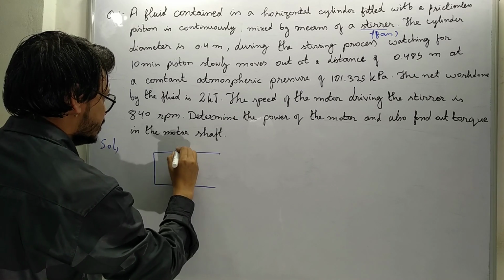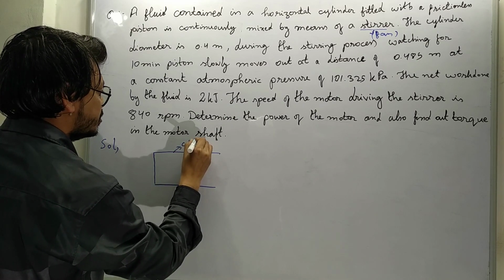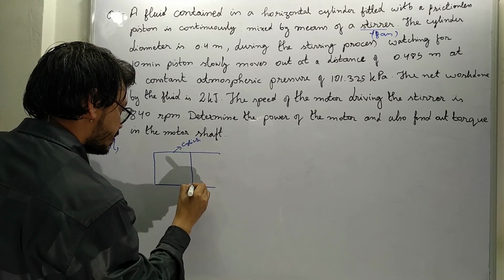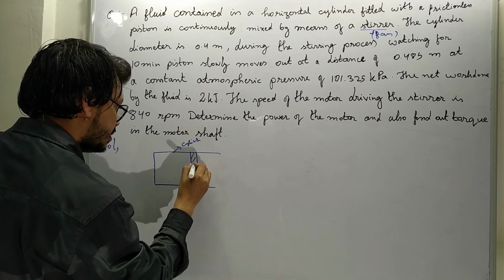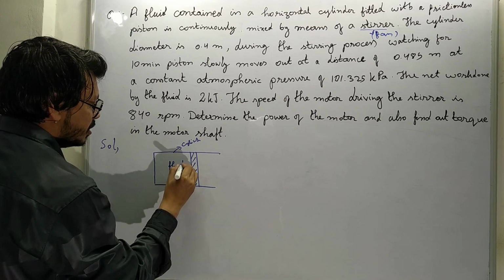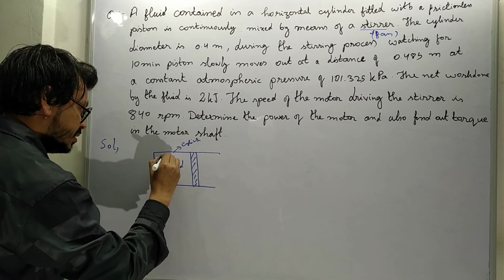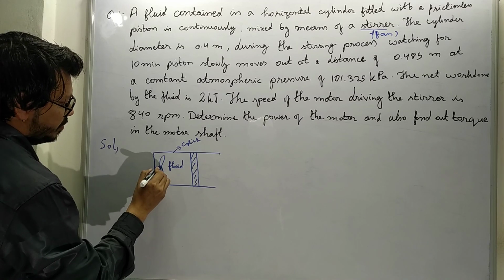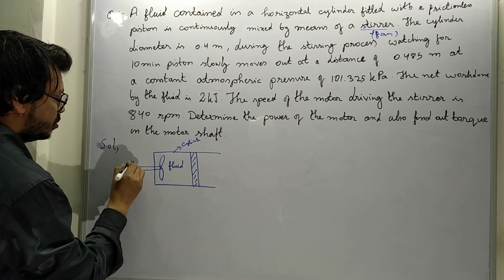This is our cylinder and this is the frictionless piston, and this is the fluid. This is the stirrer. This is connected to a motor.